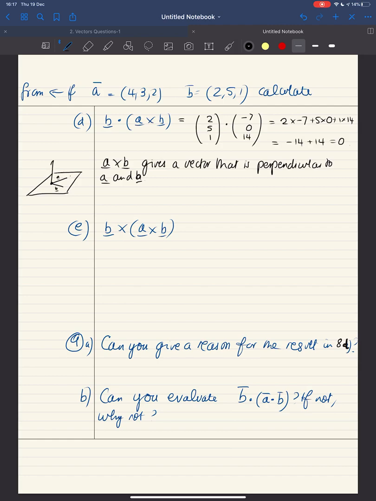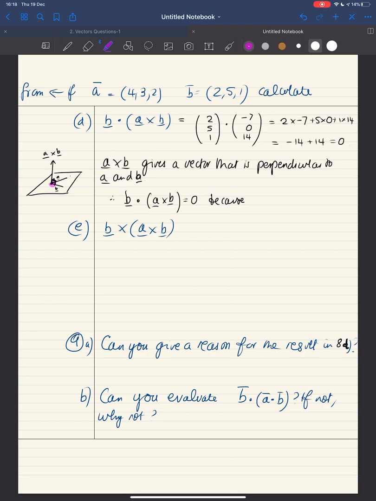A cross B is perpendicular, so it's at right angles to the plane containing A and B. So we can say therefore B dot A cross B equals 0. I didn't draw it particularly well, but there it's 90 degrees because A cross B is at 90 degrees to the plane containing A and B.